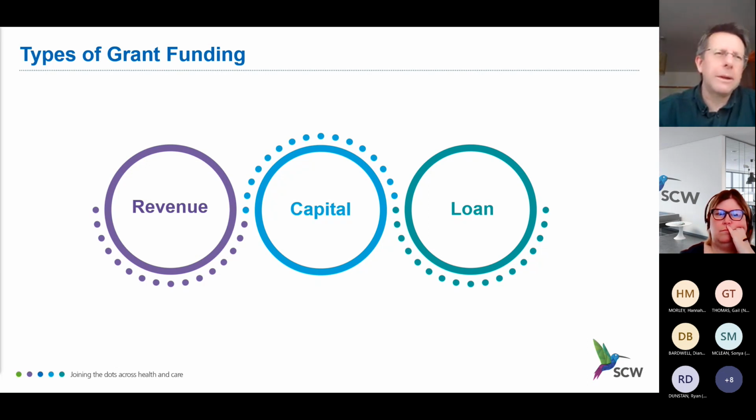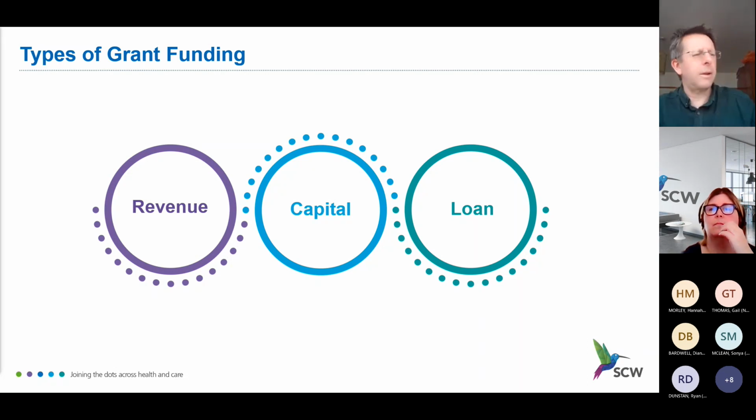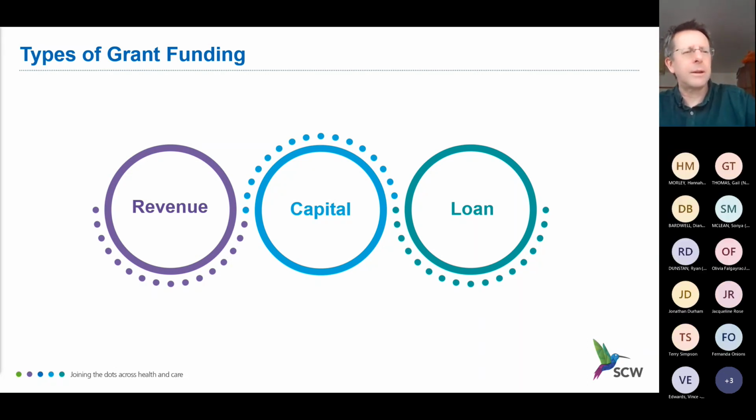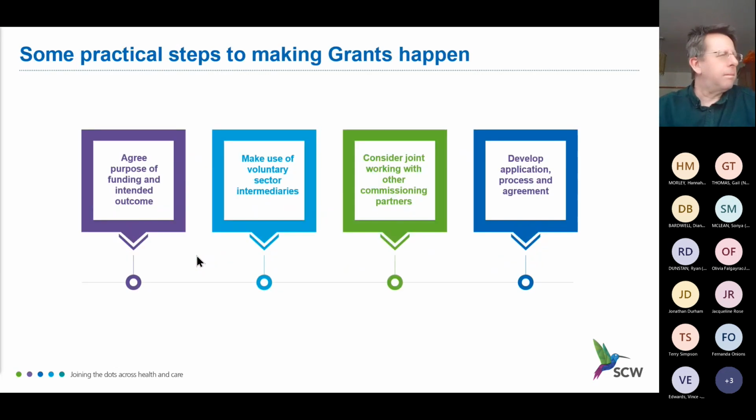So if you're looking to loan money to VCSE organisations, really consider how you will manage the financial transactions around that, as they can be complex.